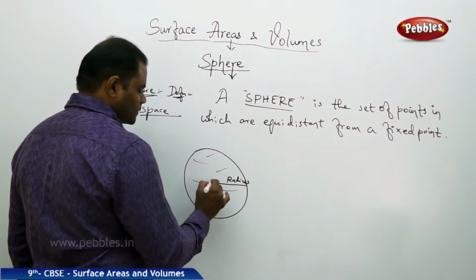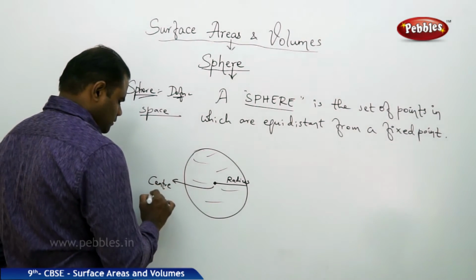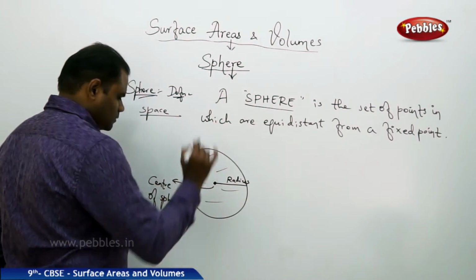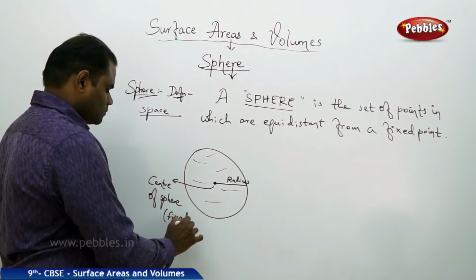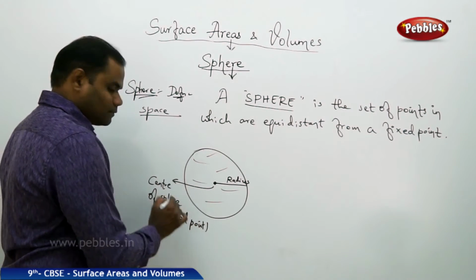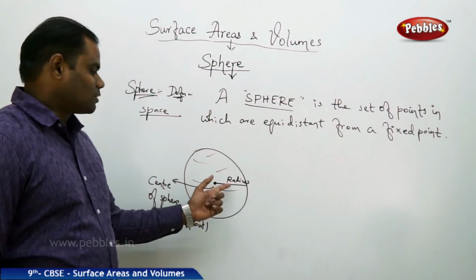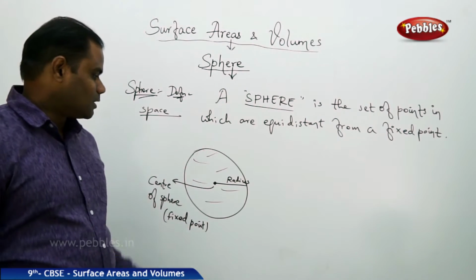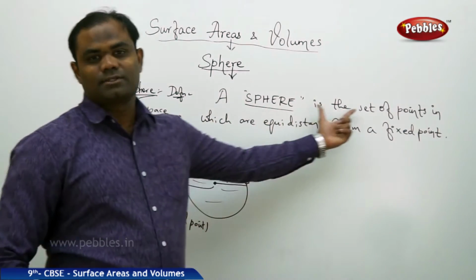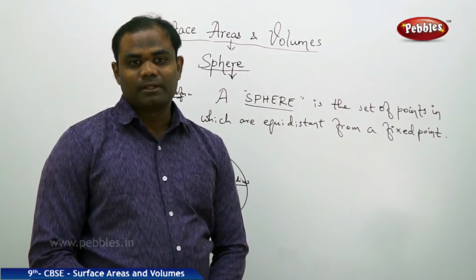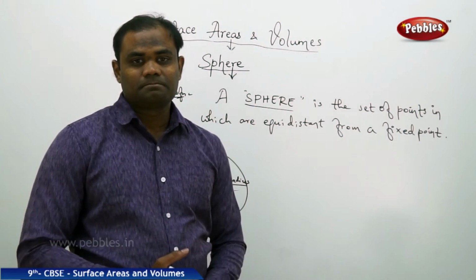The fixed point is called the center of the sphere, and the distance from the center to any point on the set of points is called the radius. This is how the radius and the fixed point define a sphere.